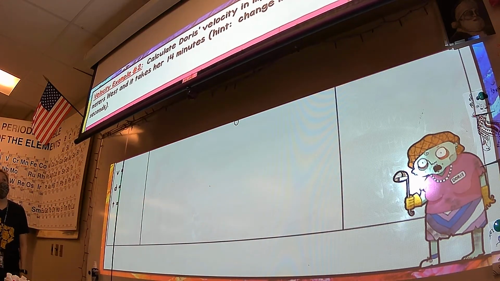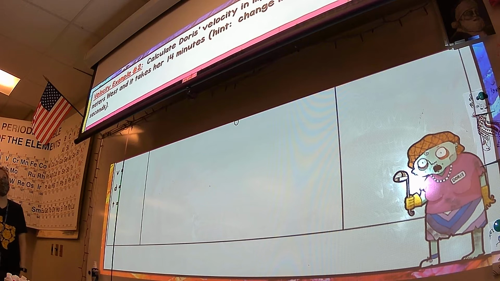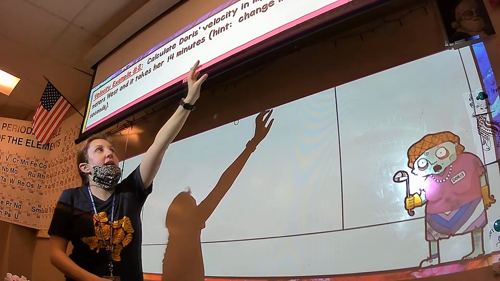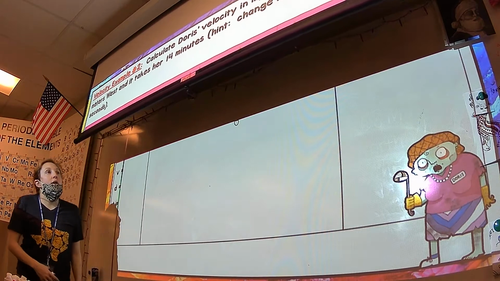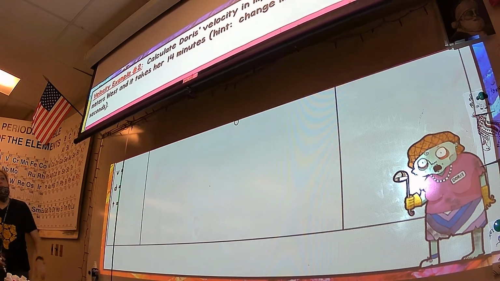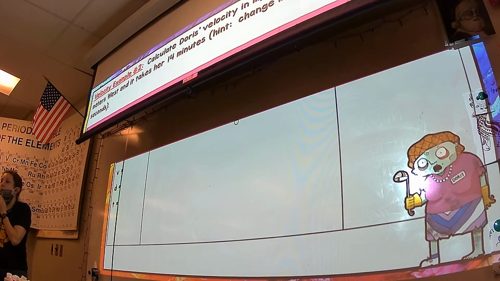So, calculate Doris's velocity in meters per second if she travels 574 meters west and it takes her 14 minutes. Hint, it's telling us to change minutes to seconds. The reason why we want to do that is because it's asking for velocity in meters per second. So, first of all, what variable is 574 meters west?